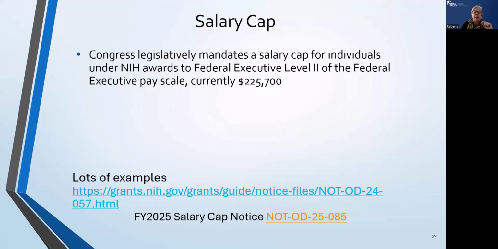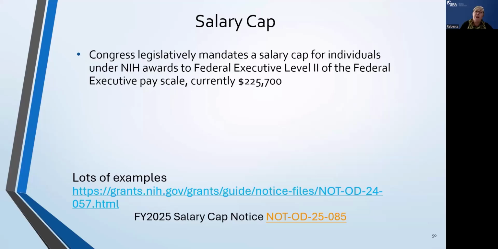Back to salary cap. So it really affects mostly medical faculty, but I will venture that you have a number of your chemistry faculty that are over the executive pay scale. In certain disciplines, their salary is such that they are above this, and this would be a 12-month pay scale.